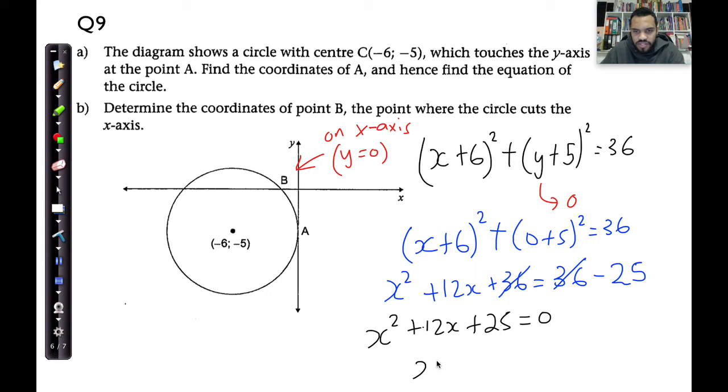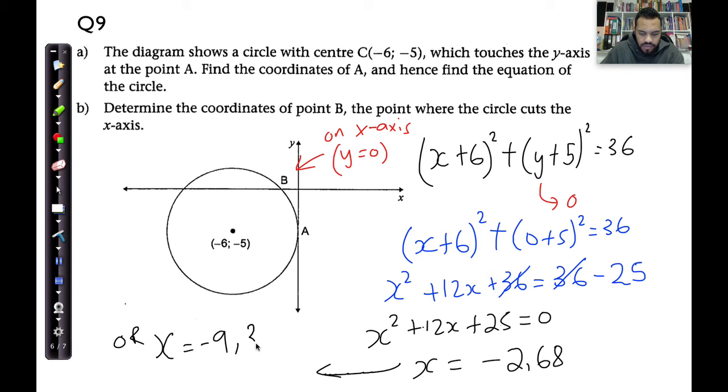I'm going to get one solution that says x is equal to minus 2,68, right? And then the alternative solution is going to be x is equal to minus 9,32.